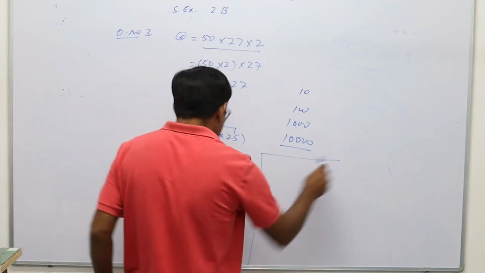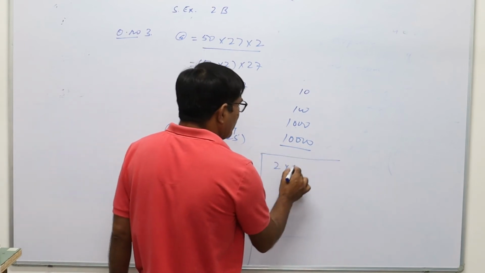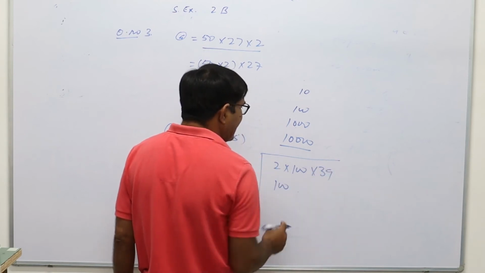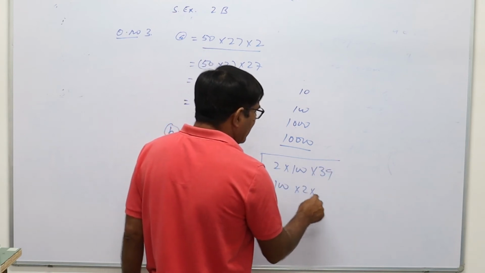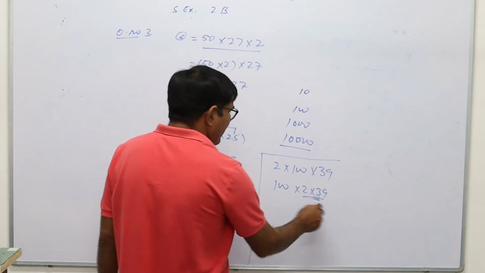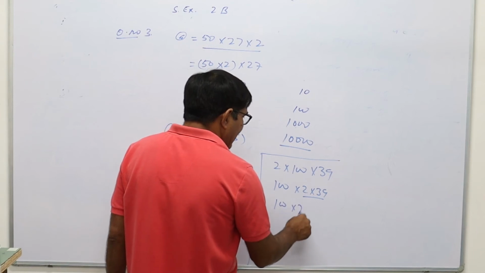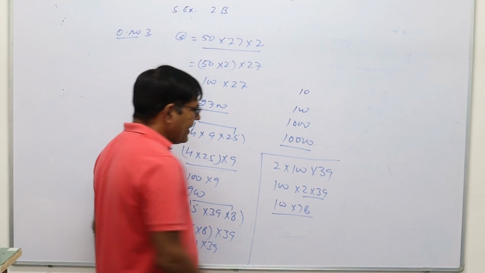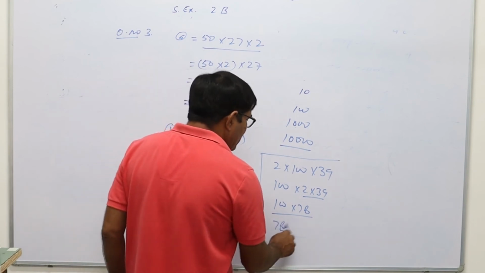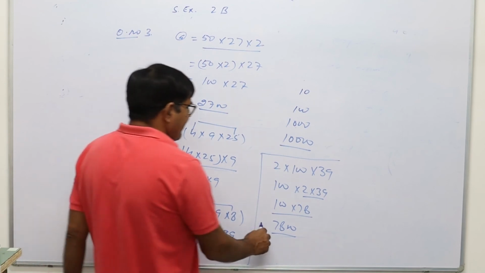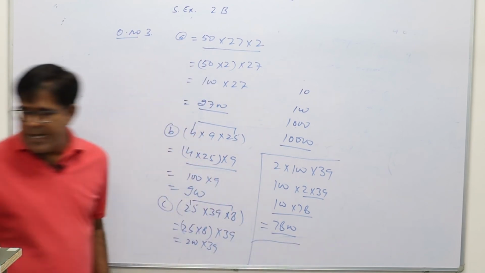Now 200 we can write as 2 into 100 into 39. So take 100 first, then 2 into 39. Now 2 into 39 will be 78 into 100. Now see, to multiply 78 by 100, simply we will put two zeros after 78. So 7800 is your answer.